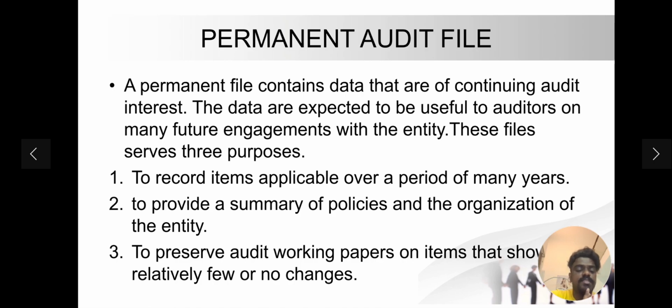The first one is extracts or copies of the applicable rules, which is memorandum and articles of association, other relevant documents that describe the objective of the entity and the number and types of shares, copies of long-term agreements or contracts, and lists of accounts that have continuing importance to auditors, information related to the internal control, information relevant to audit planning like audit program, bank accounts, cost centers, and control entity tested.